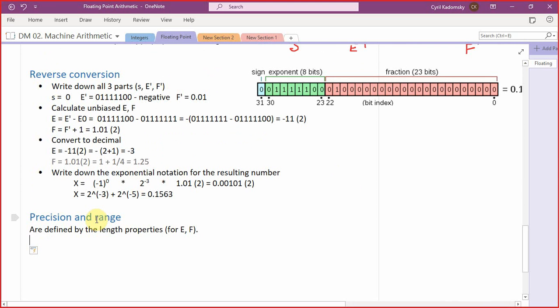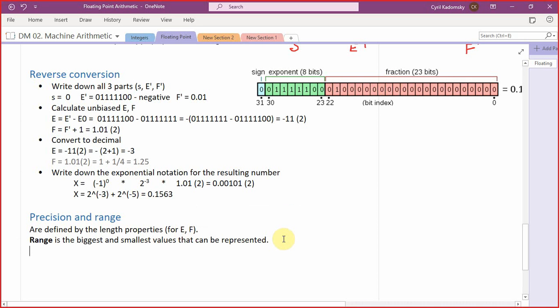So the range is the biggest and smallest values that our floating point representation can represent, given a certain length.